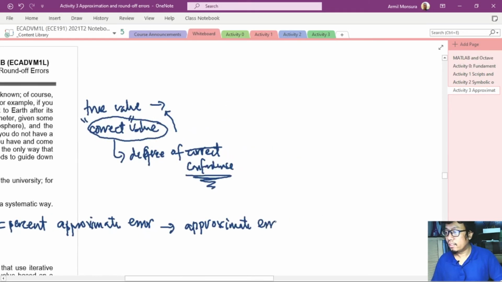And also, in much later discussions, baka i-refer na natin itong approximate error as simply error, especially when we're talking about the numerical methods themselves. Pag nasa numerical methods talaga tayo, we will say the approximate error is simply the error that we are talking about. Kung gusto natin sabihin yung true error, then we will qualify it as true error. But when you say error, it should refer to approximate error, not the true error.